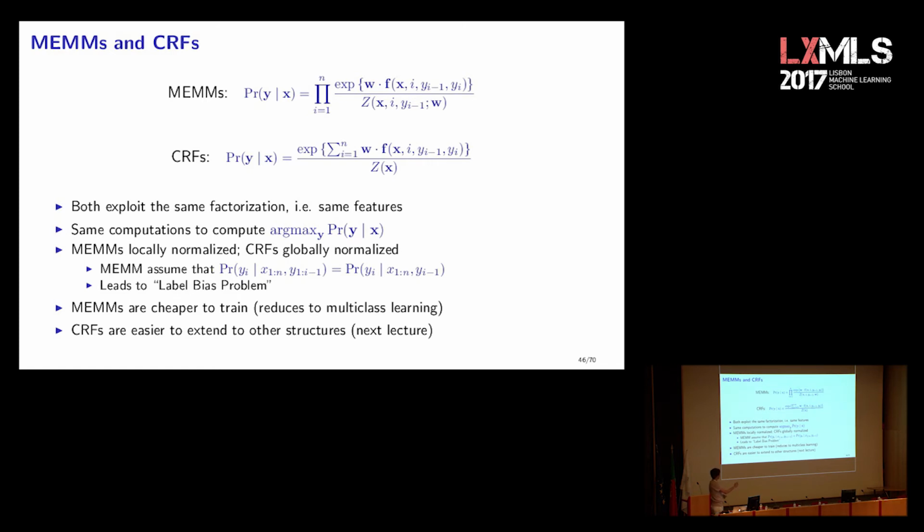It is very important that in terms of expressivity, it is the same model, okay? Because both types of models use the same factorization, okay? And the same thing for the prediction. This is a consequence of using the same factorization, okay?